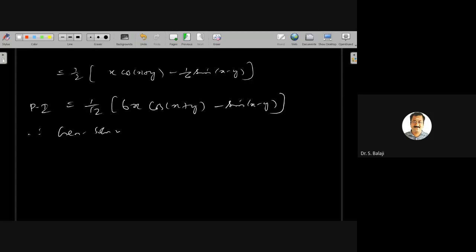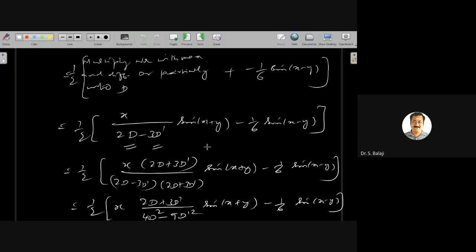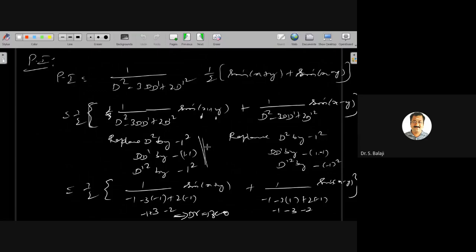Therefore, the general solution is z equal to CF plus PI. You write CF and PI once again. I think all of you understand easily. After the first step you are getting 0, therefore you put x in the numerator and differentiate the denominator partially with respect to d.